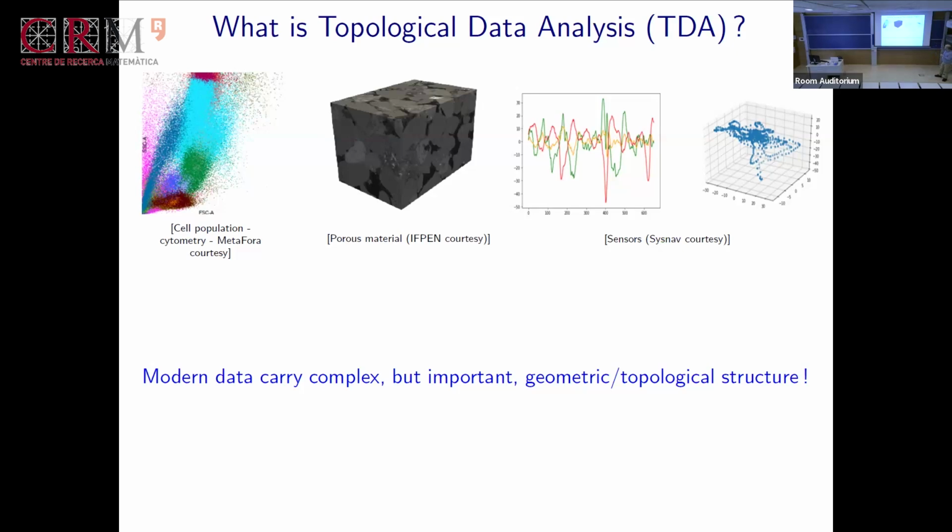If you have a data set made of multivariate time series, like this one, for example, which represents the 3 coordinates of the acceleration of a sensor, it can be seen as a point cloud or as a trajectory in some Euclidean space, here the 3D Euclidean space. And you can easily imagine that depending on how the sensor is moving, you will have some kind of characteristic structure on this trajectory of the acceleration. Okay? Just to give you a few examples and an idea.